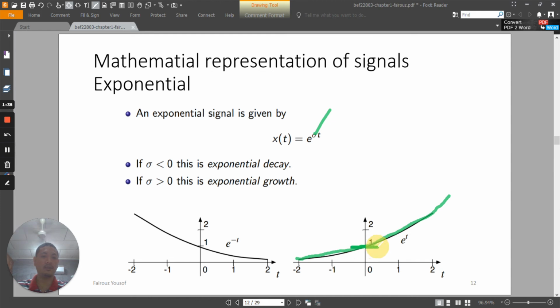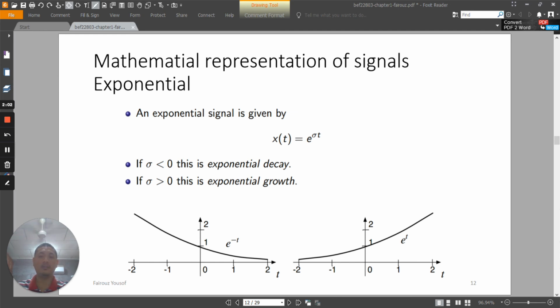So here, if the function crosses at 1, it is e to the 1t. If it crosses at 2, then e to the 2t. If t is negative, then the slope is negative.